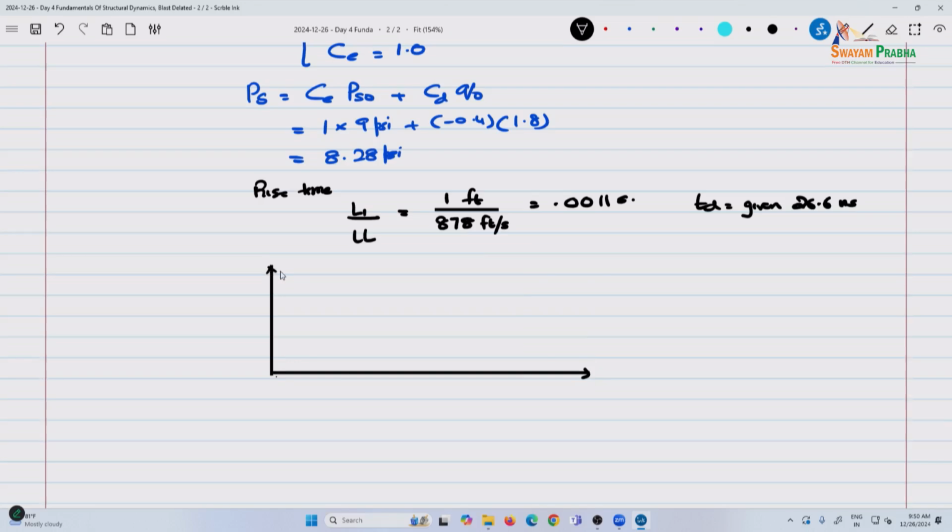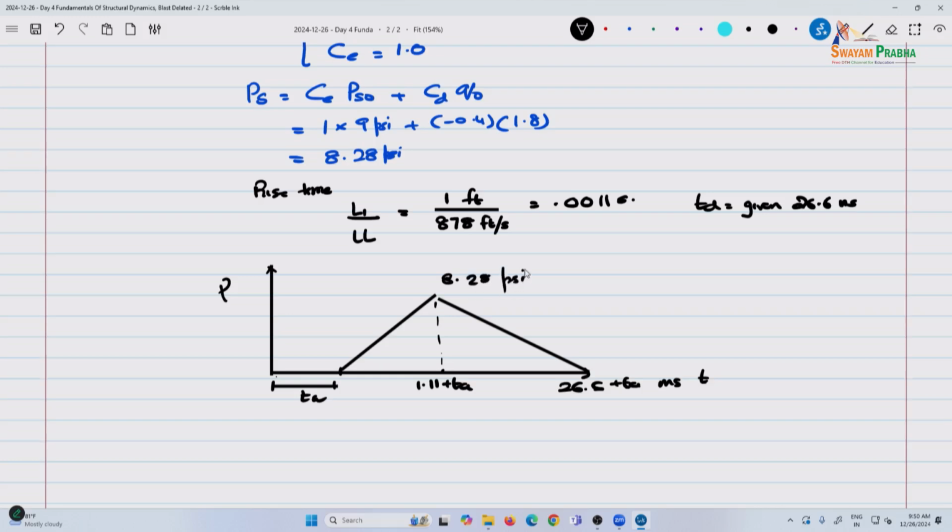The effect of negative curves, especially at low pressures, is fairly minimal. I don't remember what the arrival time was, but you can take this as the arrival time. But the loading itself, if you're plotting for design purposes, this portion is what is important. So this is 1.11 plus TA, and this is 26.6 plus TA milliseconds, and the peak value is 8.28 psi.